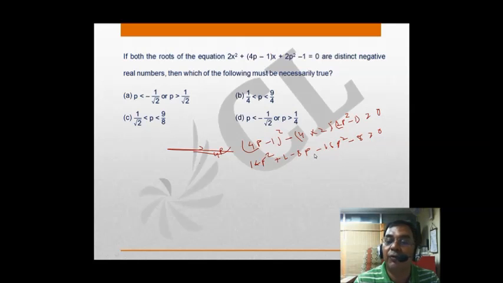So therefore what we can see, 16p square will be out. This will become plus. So minus 8p is equal to minus 9. So P is equal to 9 by 8.